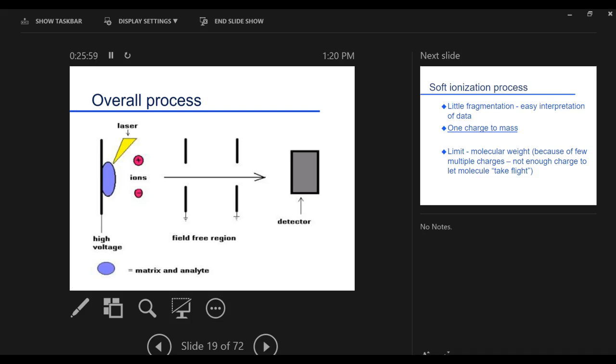So here's just another configuration. Here's our sample matrix. We hit it with the laser. We'll have then these plates negatively charged. And so we're going to have positive, negative, no charge on ions. Negative charge is going to be drawn this way. They're going to get a velocity. The bigger the mass, the slower they travel. And so I can zap it, and then I can count the time for that to go from here to here.